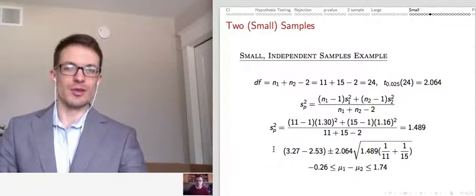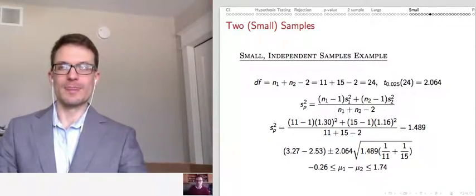So putting this together, we can build our confidence interval. The 95% confidence interval for the difference of means is going to be minus 0.26 up to positive 1.74. And notice the interval contains 0, so that's the outcome where there would be no difference in population means. So this would be consistent with the null hypothesis that there's no difference in means.